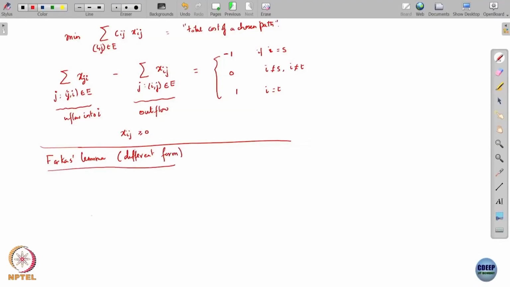So, let A belong to R m cross n and C belong to R n. Then the following statements are equivalent.